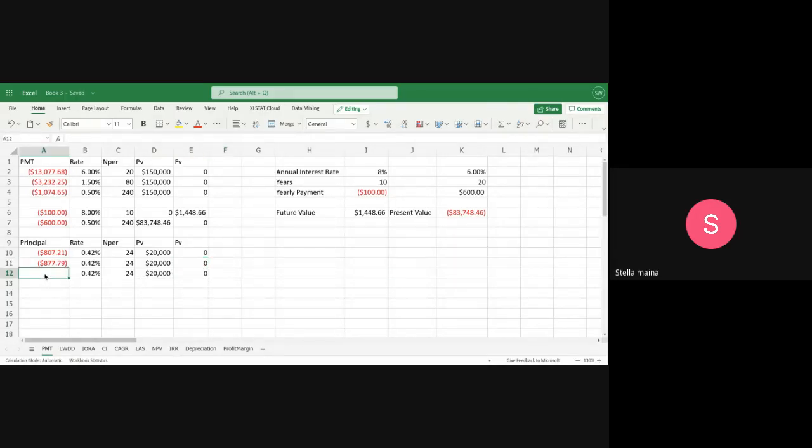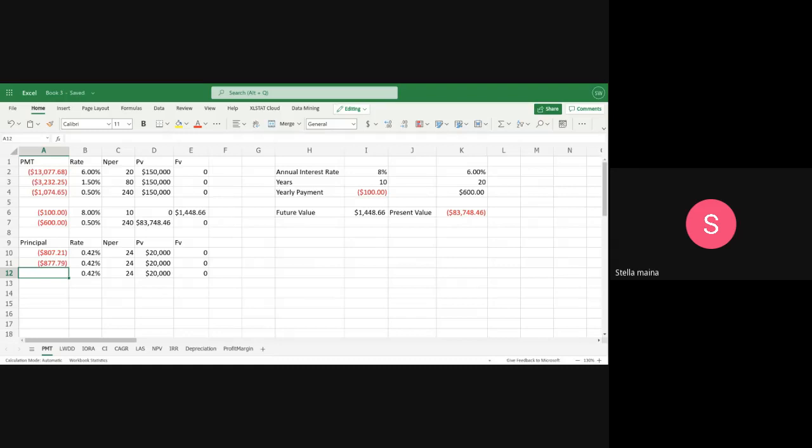I want to calculate what's the interest part of the fifth payment. At the end of the day, when you're paying for a loan, you normally pay the principal and the interest. Even just from the difference here, you can directly see what our interest is, but you can also just calculate it.